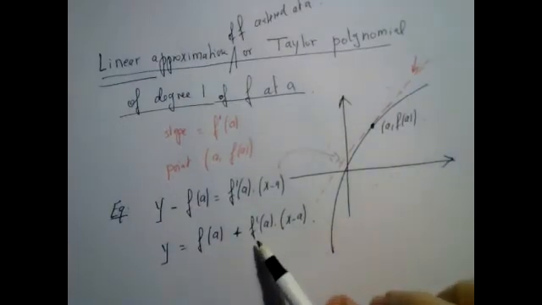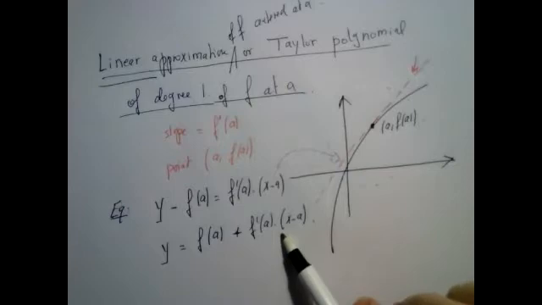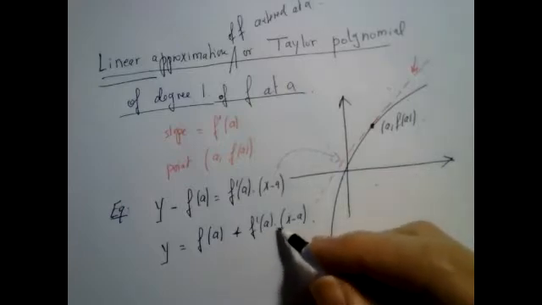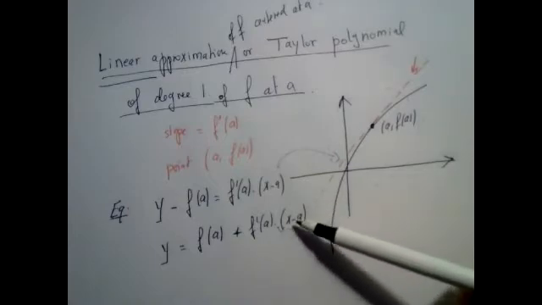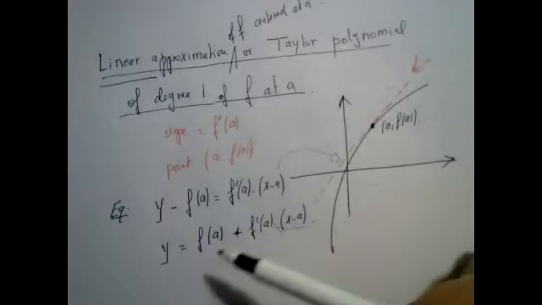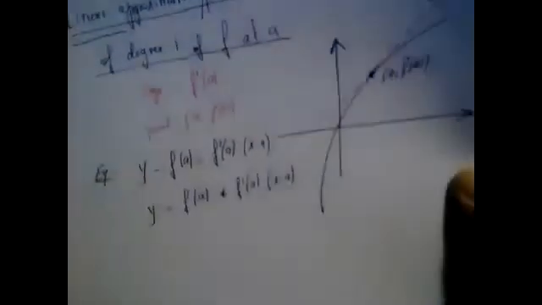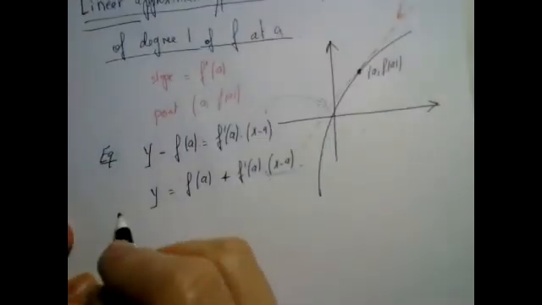Now look at this. This is actually a polynomial, sometimes called a polynomial in x minus A. It's a simple polynomial of degree 1. So we're going to write P1 of x.